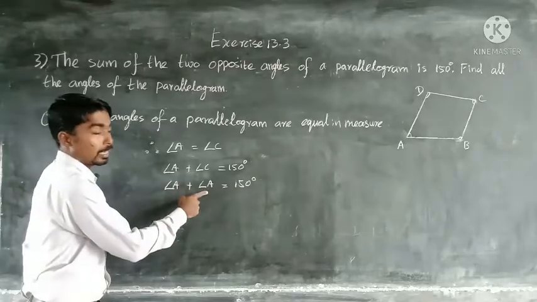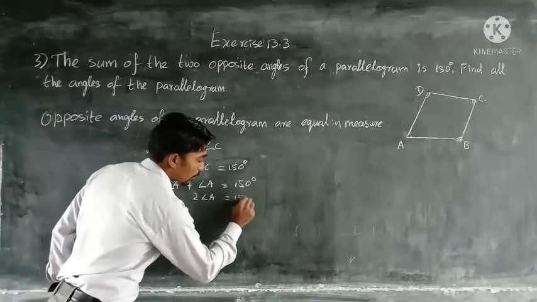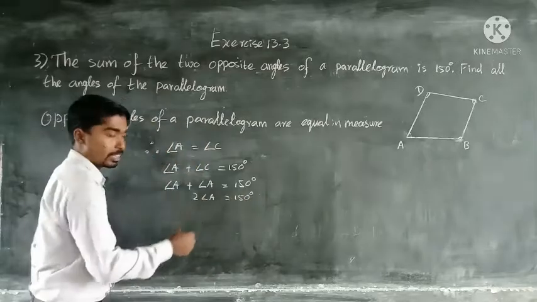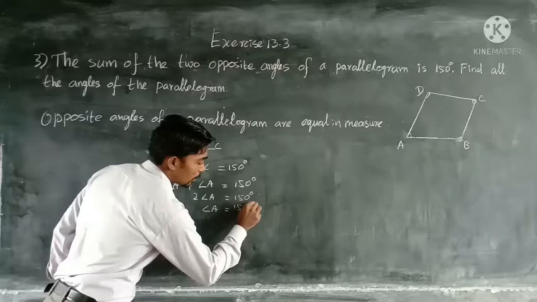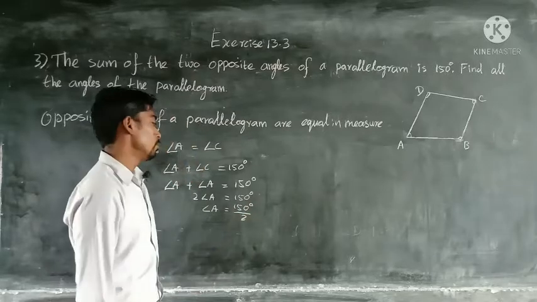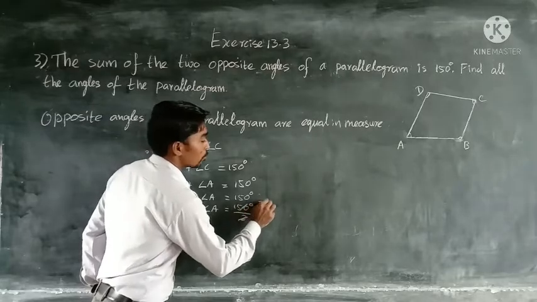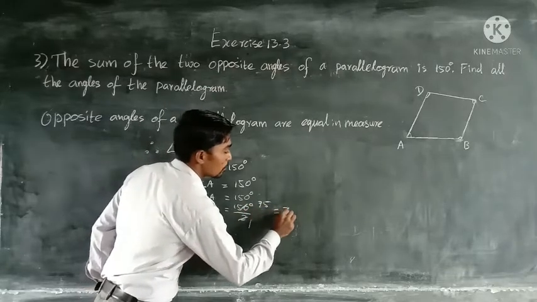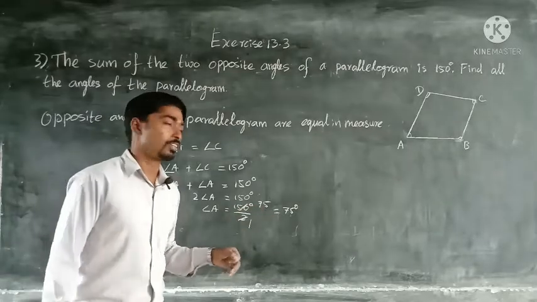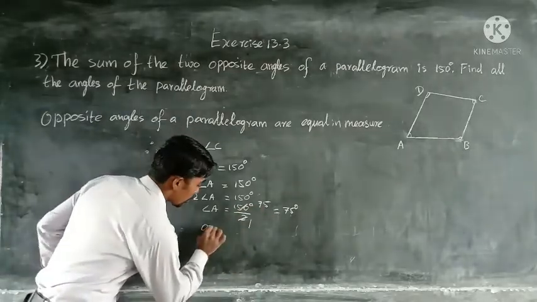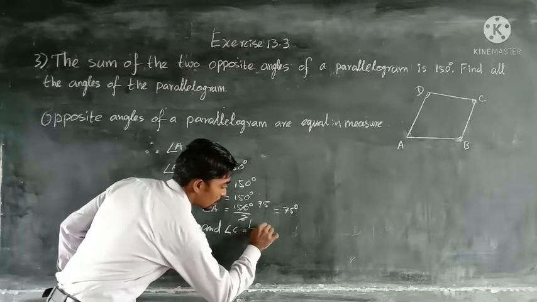Angle A plus angle A is 2 times angle A is equal to 150 degree. 2 we can take it to other side. Angle A is equal to 150 degree divided by 2. We can cancel it. 1 2s are 2, 75 2s are 150. Therefore, angle A is 75 degree and angle C also 75 degree.